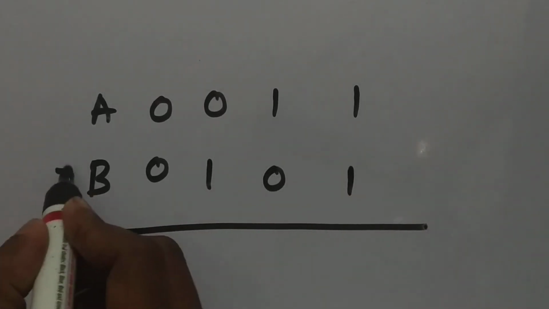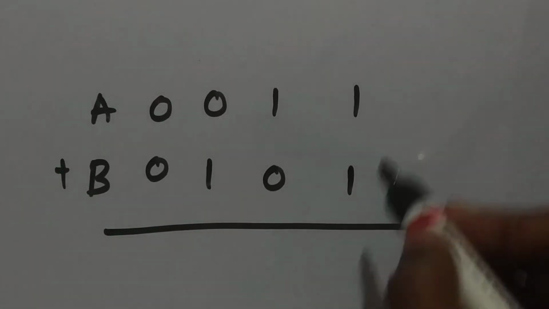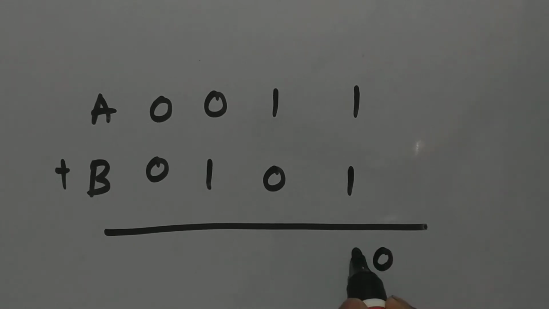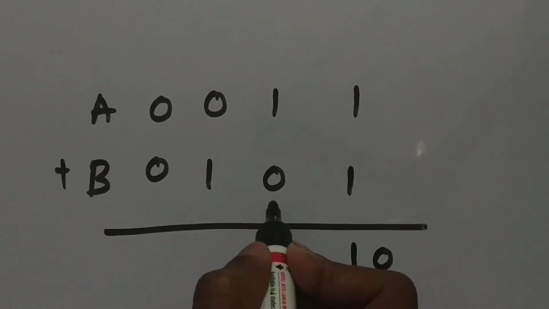In these combinations, which one will generate the carry? When we add, 1 plus 1 is 0, and carry is generated over here. This is the carry and this is the sum. So this carry will be given to the next bit.